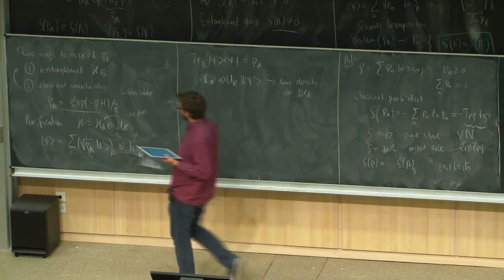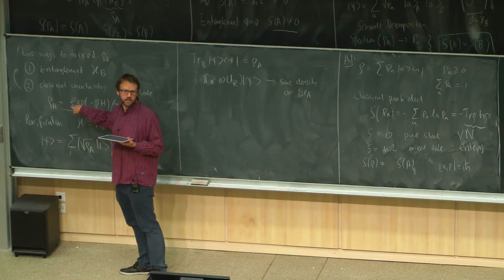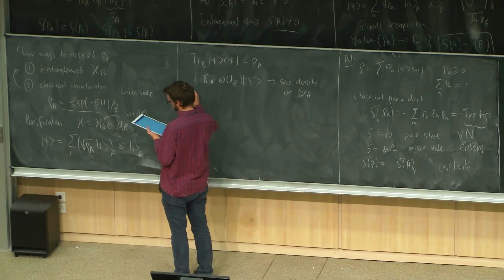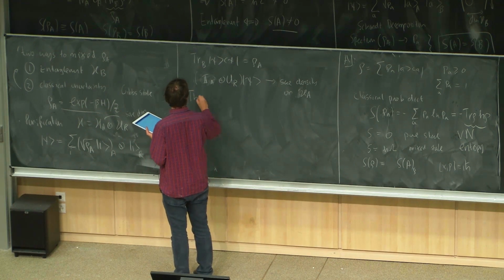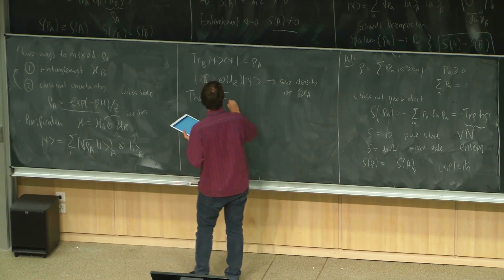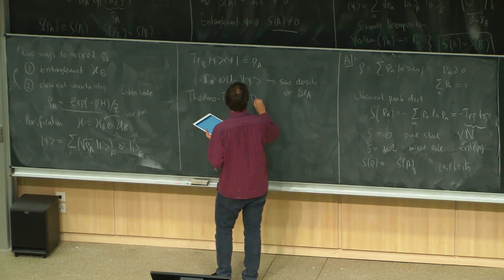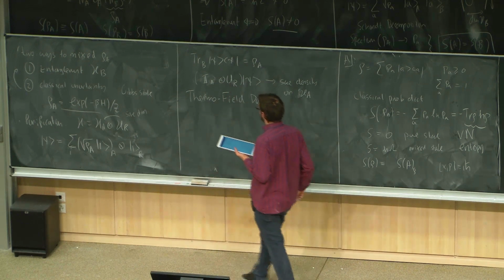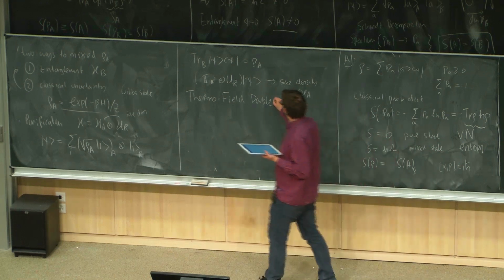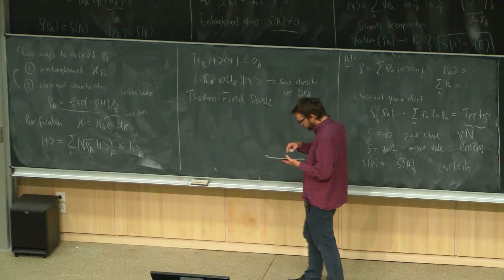Now, when people talk about the Gibbs state, there's a very natural purification that you'll hear a lot about, which is the thermofield double. Thermofield double. That will come up a lot later on when we talk about entanglement in quantum field theory. It arises naturally.